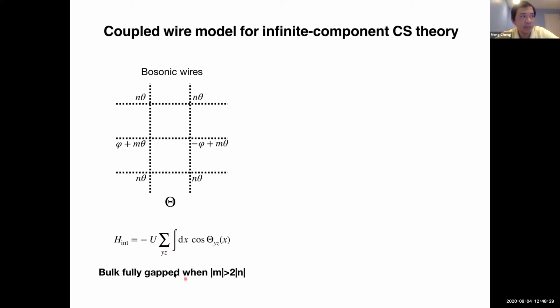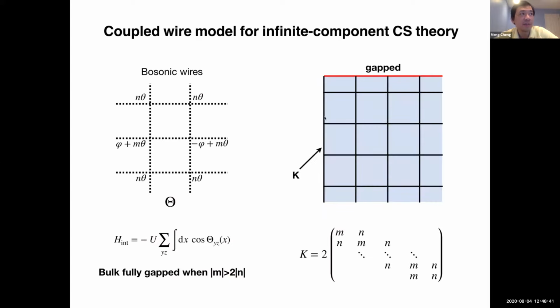And again, we can show, just by analyzing the Gaussian limit of this model, that when m is larger than 2n, the bulk is fully gapped. Roughly speaking, you get an infinite component Chern-Simons theory with this K matrix on this side, but the top is gapped.